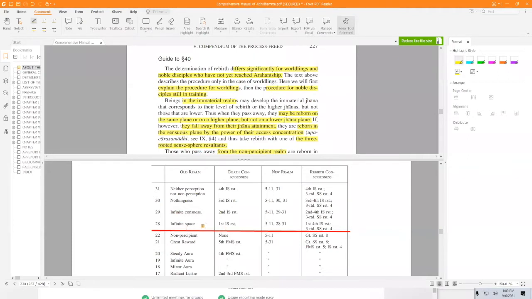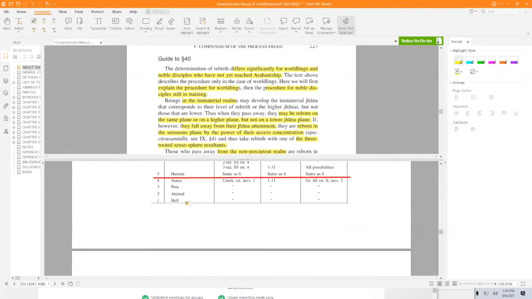And the same principle applies to the beings in the plane of infinite space. They either remain at the same level, go up to any of the 3 higher levels, or come down to human existence or the sense sphere heavens. But they don't fall away from the immaterial plane down to the realms of bad rebirth.